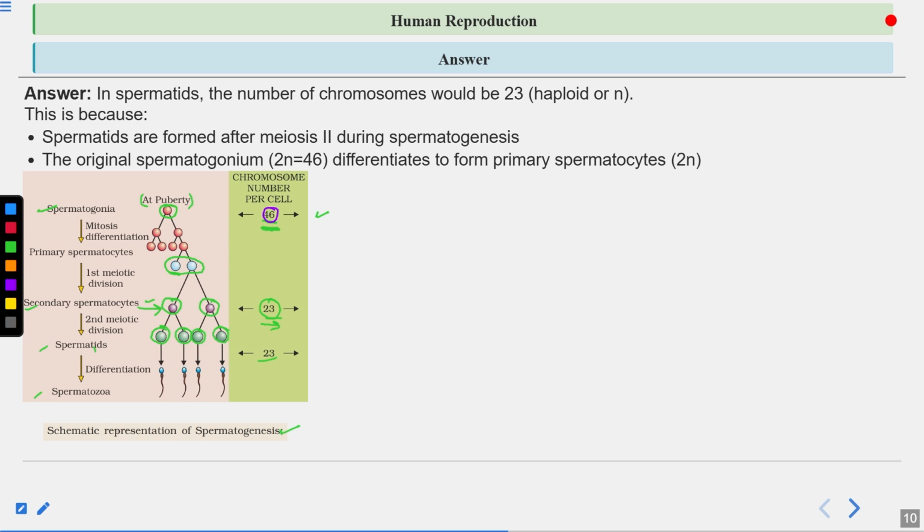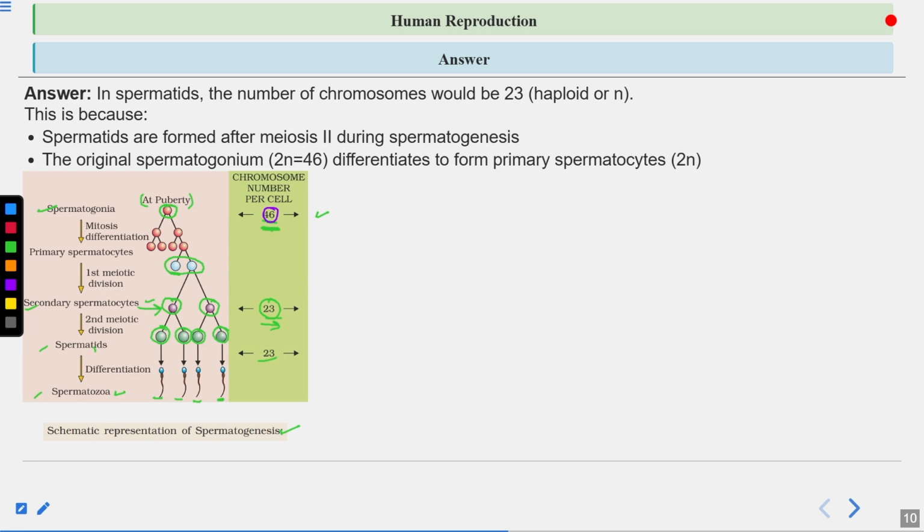Then spermatids transform into spermatozoa, which are again 4, and these are haploid, meaning they have 23 chromosomes. A question can come in your exam: from one primary spermatocyte, how many sperms, spermatids or secondary spermatocytes are produced?